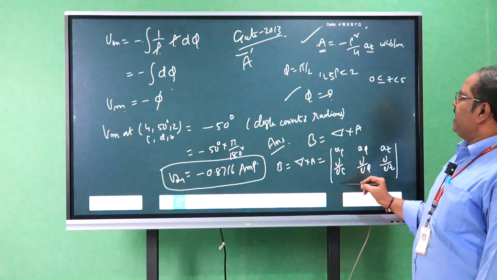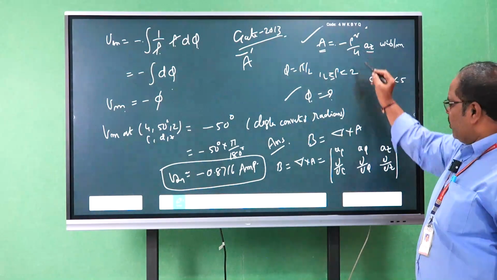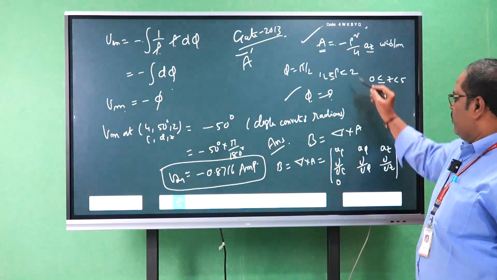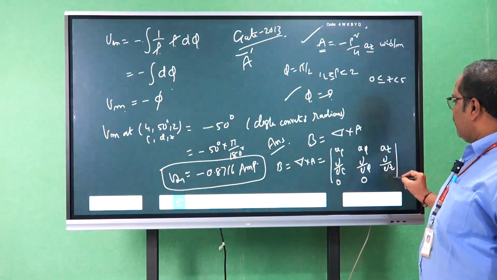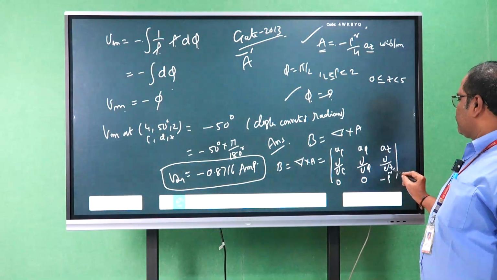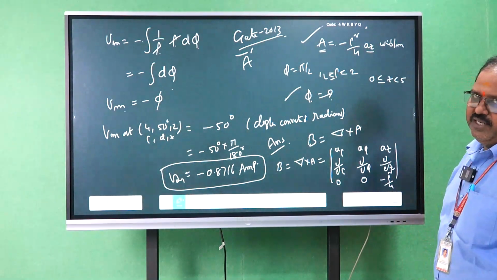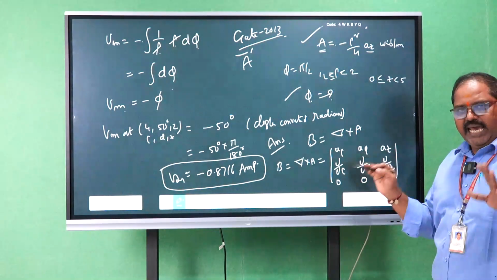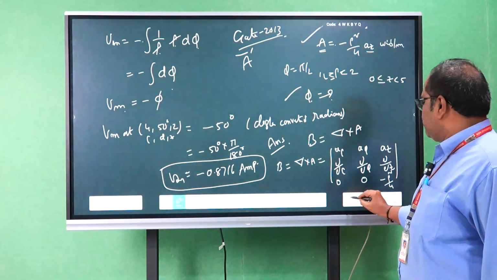The rho and phi components of A are 0. Only the az component exists: minus rho squared by 4. You have to solve according to B is equal to del cross A.